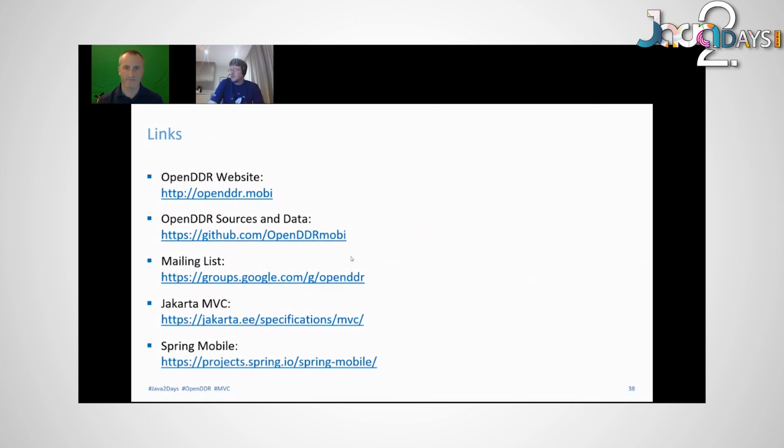There's a mailing list on Google Groups, like, for example, Eclipse MicroProfile also uses. The entry page to the Jakarta MVC specification. And on the bottom, if you are curious to compare or even want to use it, or maybe you want to contribute to it, there's Spring Mobile as a comparison.